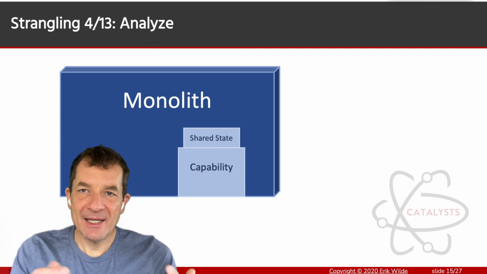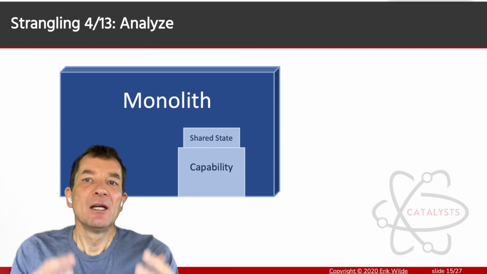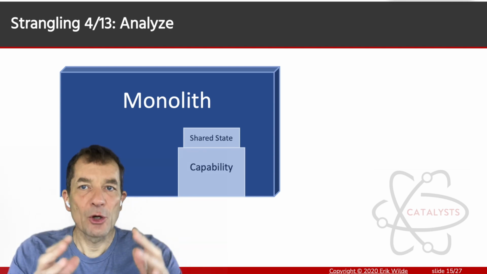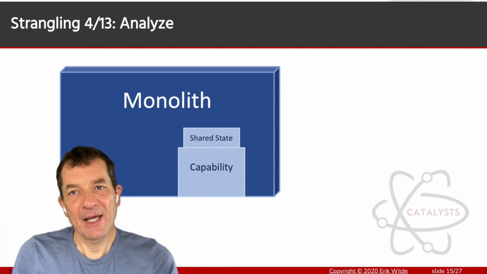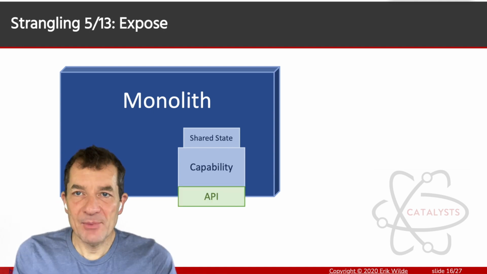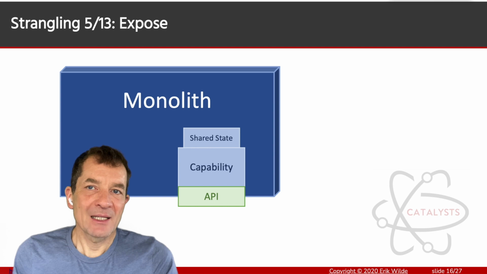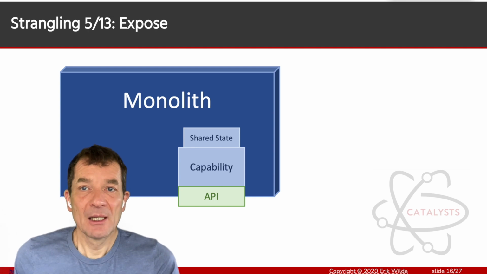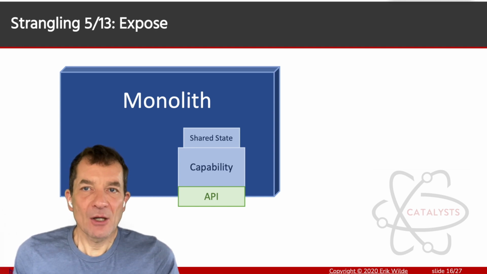Now that you've identified everything that you need to actually realize this capability and to identify those code parts of your monolith that are relevant for it, the next step is to design an API for it. Meaning that now you define an API that allows you to access that capability in a way that is independent of your monolith.